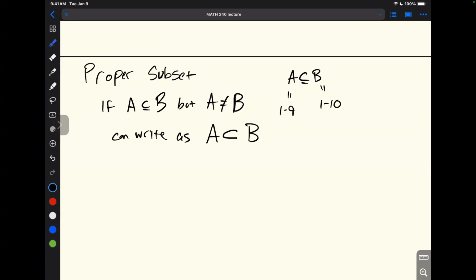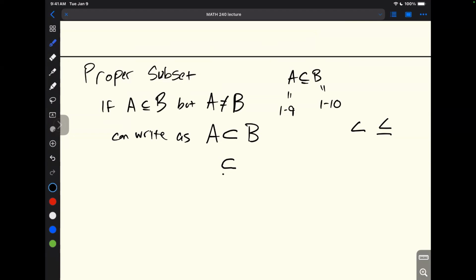There's a few symbols that can help. This is just that same symbol without the bottom line. That's kind of equivalent to less than or equal to, like 3 is less than or equal to 5. It's not equal, but saying that it's less than or equal to 5 is also technically true. But we can be more specific if we want to say that 3 is less than 5.